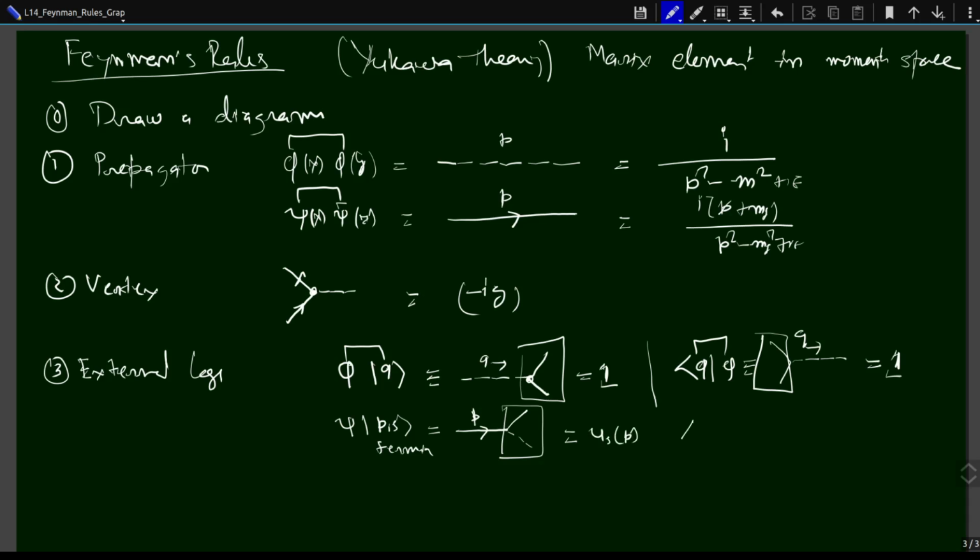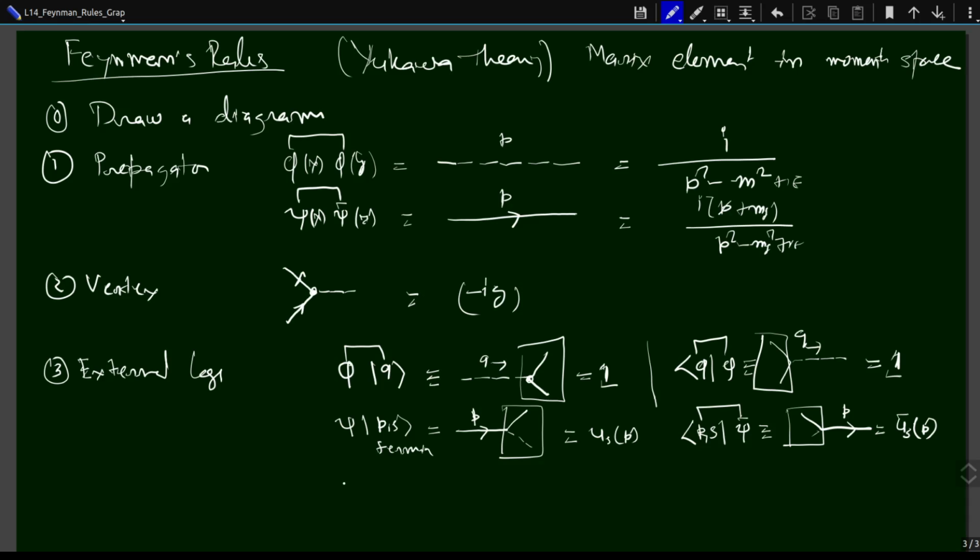And for the final state, p and s, there we will have psi bar contracting with this. Here the fermion is going out, and p is in the same direction. So here I'll have u bar_s of p. No exponential factors that we were talking about.